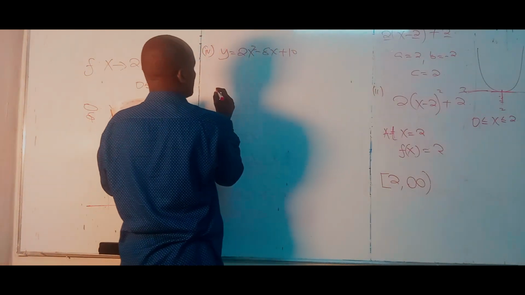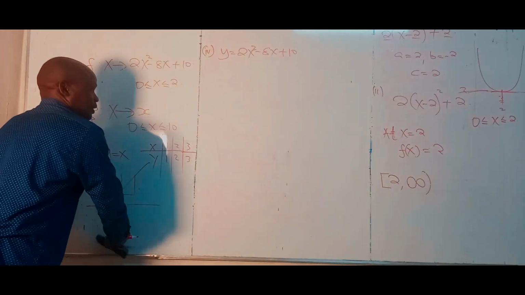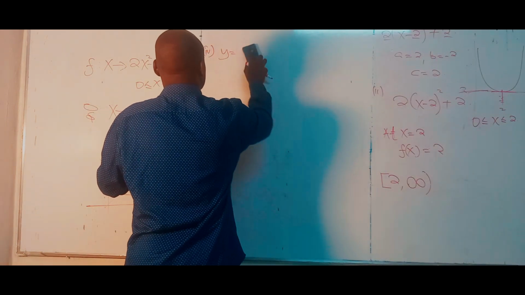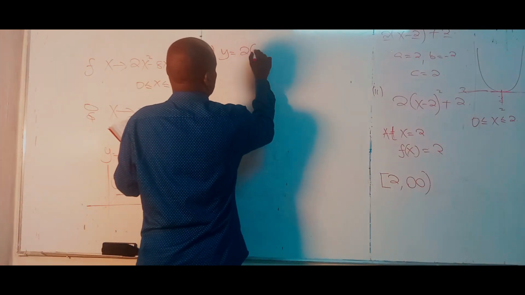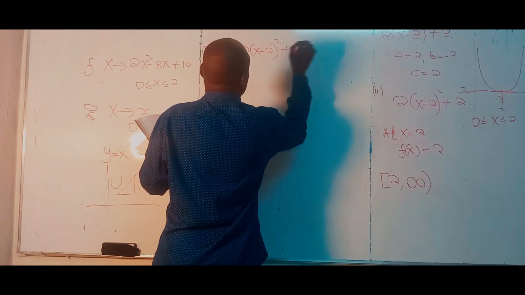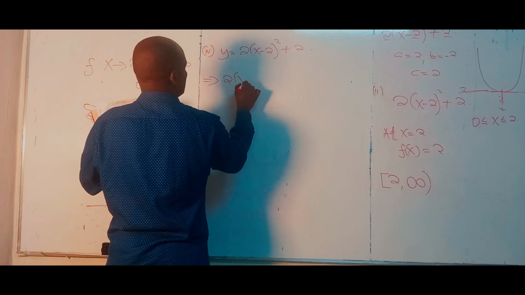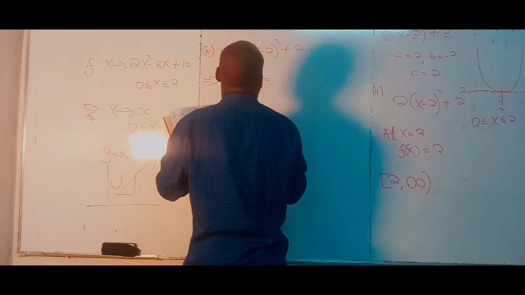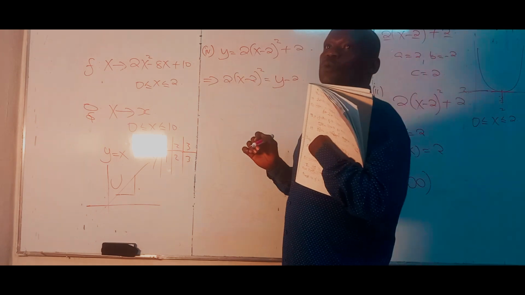And how do I do that? I think I had simplified this, so there's no need to come here again. It was 2 into (x minus 2) squared plus 2. So I want to make x the subject. This will just mean that 2 into (x minus 2) squared is equal to y minus 2.